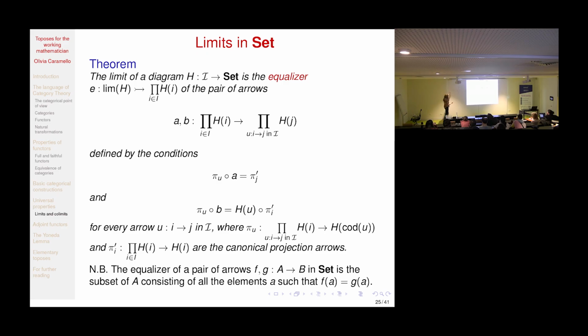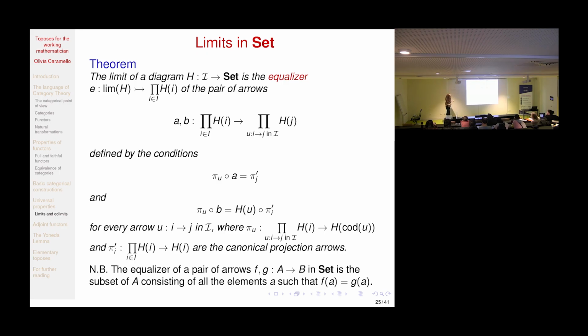So what you can do is, for defining A, you take the projection corresponding to the object J. And this is what is called pi prime J. To define B, you take the arrow to h of J, which is given by the composite of the projection to h of I, followed by h of u.